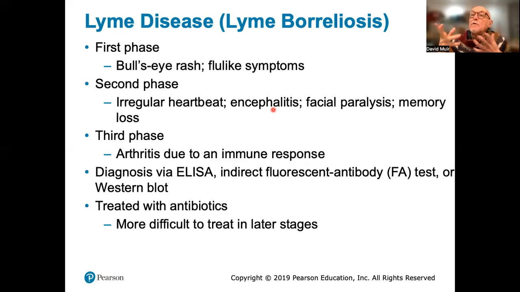So it's like our immune system tries to battle the spirochete, and in doing so, it mistakes our own tissues for the spirochete. Even if you get rid of the spirochete, even if the spirochete dies out or is wiped out by the immune system, people can maintain this third phase. And this is typically an arthritis in the joints, a painful inflammation of the joints as our immune system attacks our own tissues.